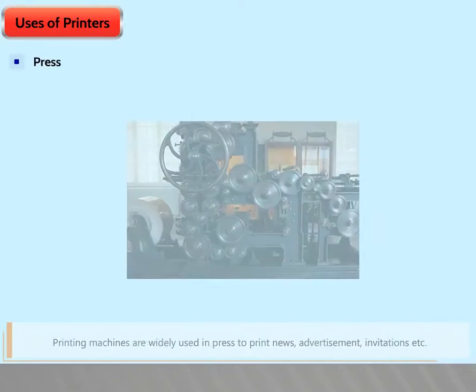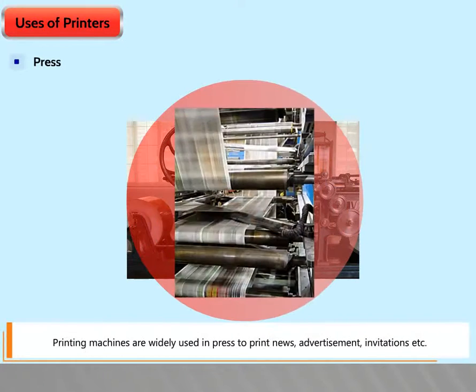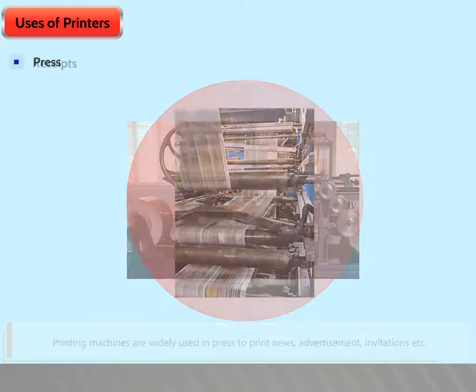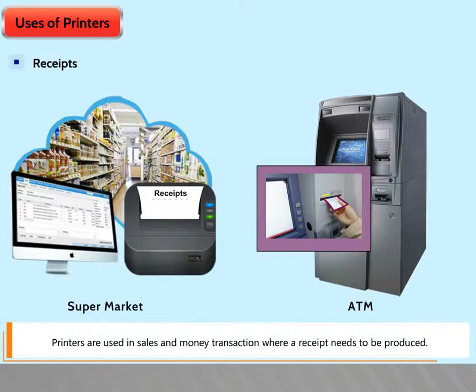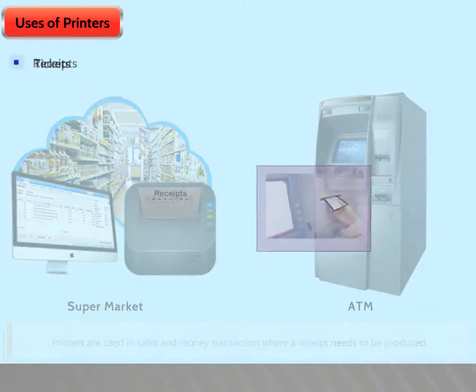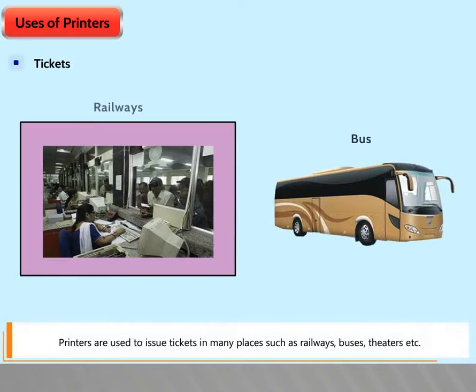Uses of printers. Press. Printing machines are widely used in press to print news, advertisements, invitations, etc. Receipts. Printers are used in sales and money transactions where a receipt needs to be produced. Tickets.